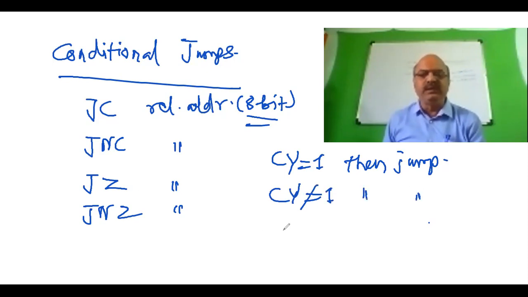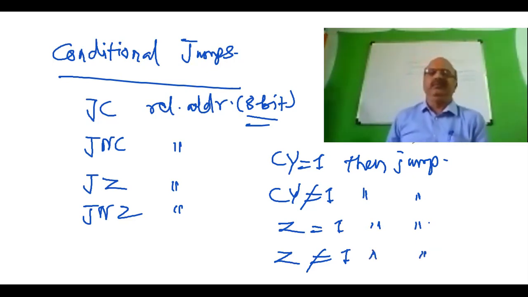Jump on zero means if the zero flag is 1, then jump. And jump on no zero means if the zero flag is not 1, then jump. So the jump will be taken only when the condition becomes true.